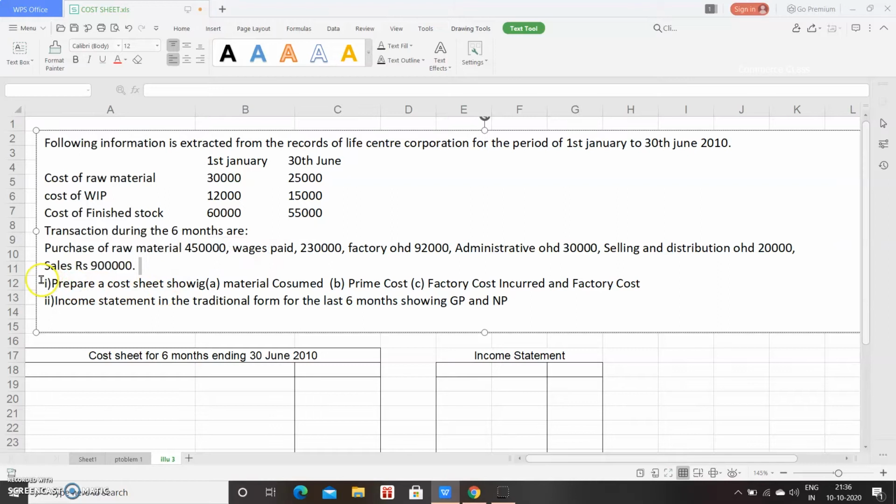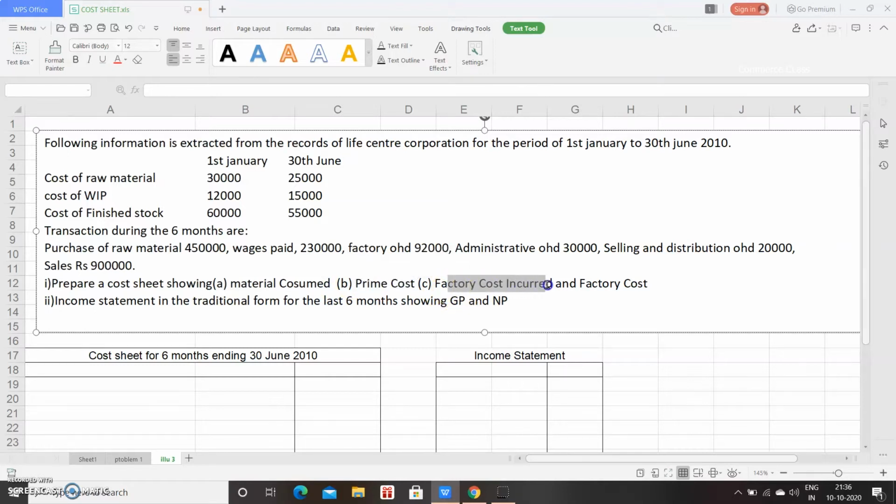Now in the question they are asking to prepare a cost sheet showing: number one is material consumed, that you will have to adjust your raw material purchase with the opening and closing cost of raw material. You'll get your material consumed. Then prime cost, if you add the wages paid, you'll get prime cost.